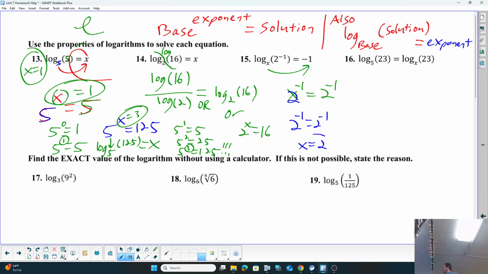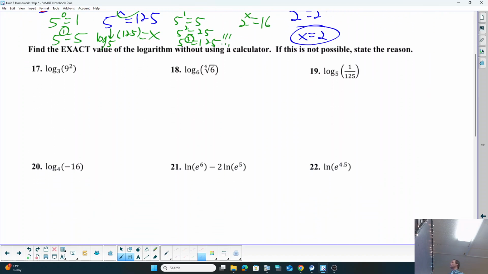Guess and check. If you weren't sure, you'd write 1/2 and then 1 over x, then cross multiply, and you get x equals 2. That's kind of cool. Okay, what about this one though? Interesting. What does x have to be for these to equal each other?